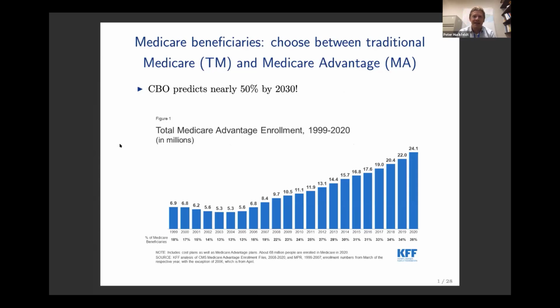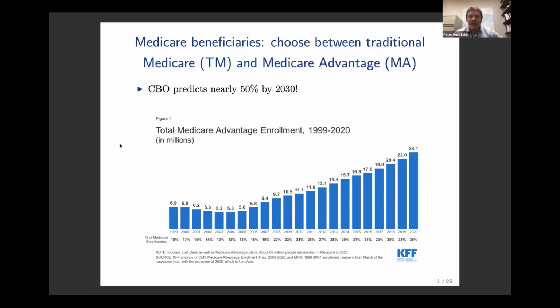So this graph may look familiar to you all from the last presentation. Just to motivate the importance of Medicare Advantage, as you all know, Medicare beneficiaries choose between enrolling in traditional fee-for-service Medicare or in a private Medicare Advantage plan. And the percentage of Medicare beneficiaries that have chosen to enroll in Medicare Advantage has really increased rapidly over the past decade or more.